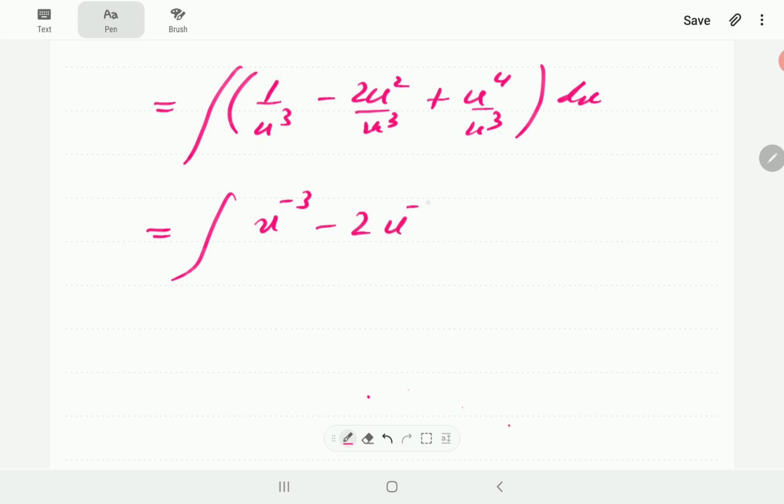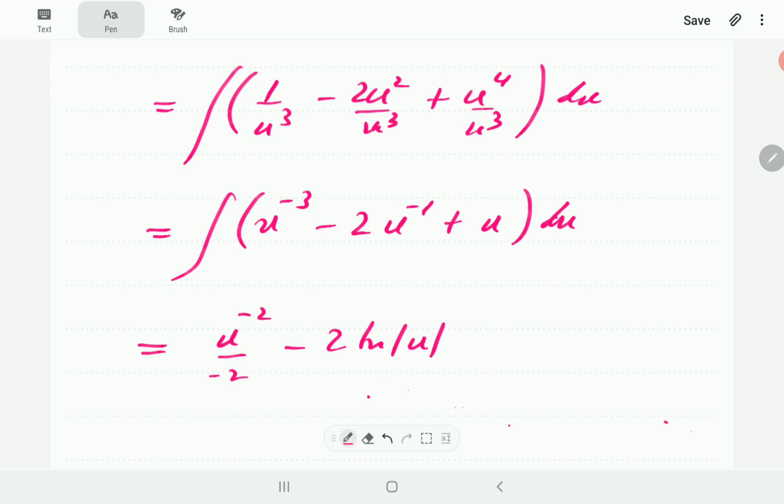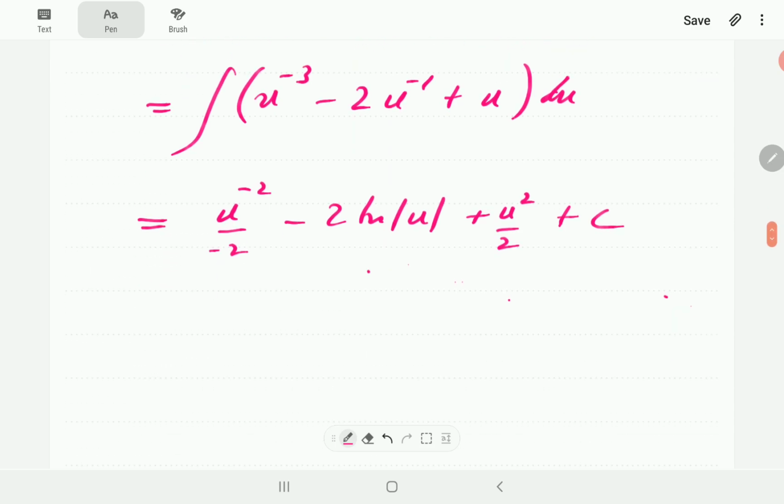The second term is u to the power negative 1, or just 1 over u. The third term is just u. So if we add 1 and divide, this one is going to be u to the power minus 2 all over negative 2. This one is going to be ln of magnitude of u. This is u squared over 2.